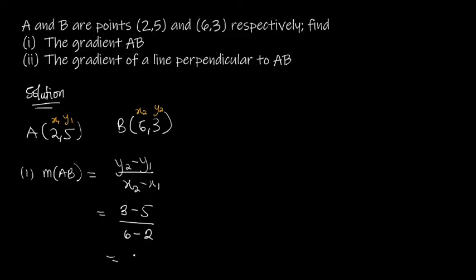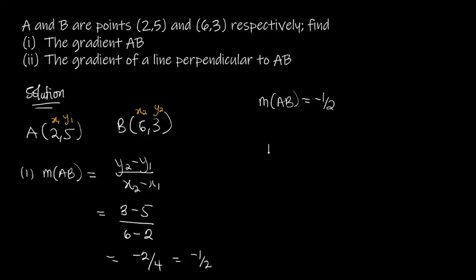So I have from here -2 at the top on 4, and this will give me my gradient to be equal to -1 on 2. So my gradient M for the line AB is equal to -1 on 2.